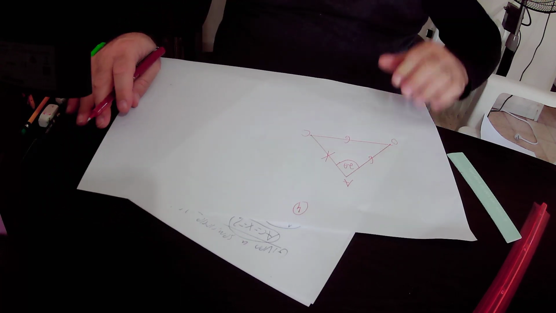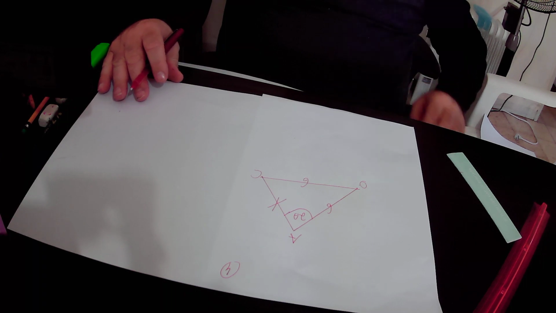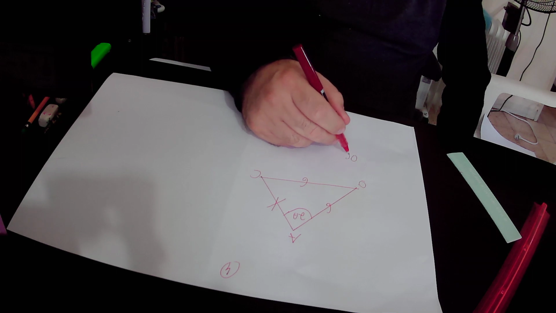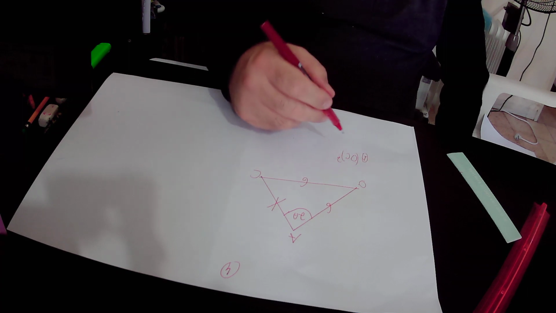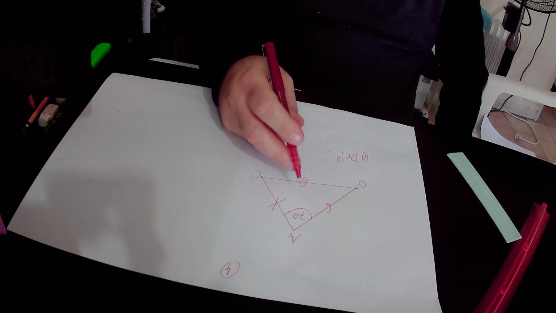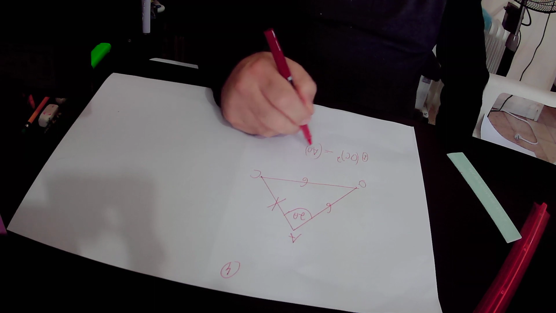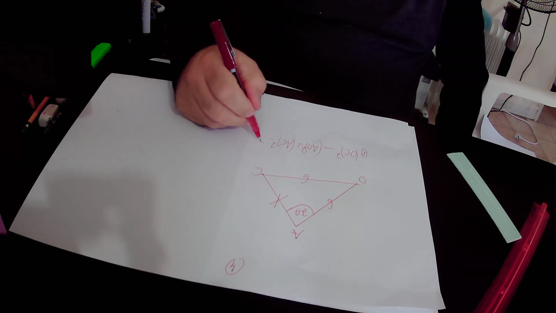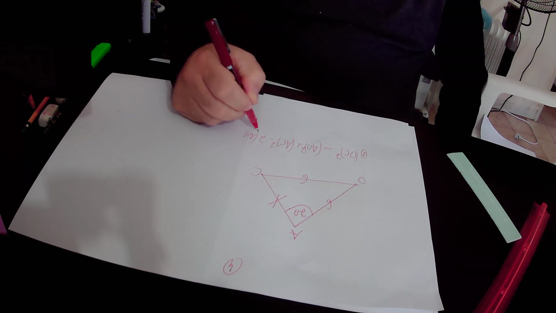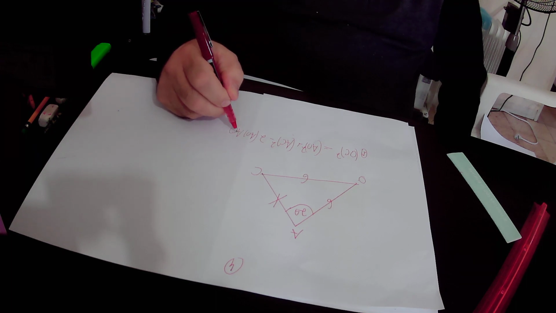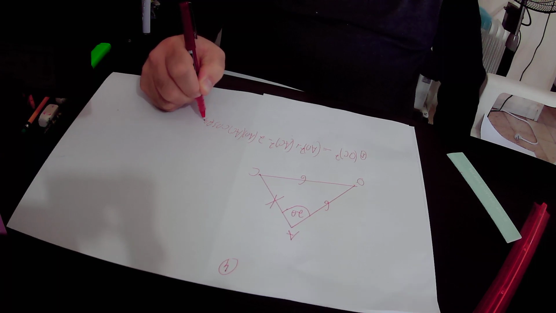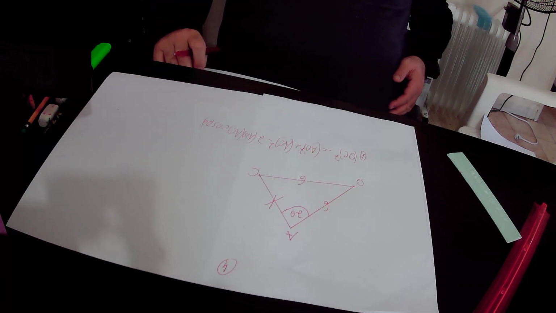So here, according to the law of cosines, we get that OC squared, this will be equation number 1, equals AO squared plus AC squared minus 2 times AO times AC times cosine 2 theta. Okay?